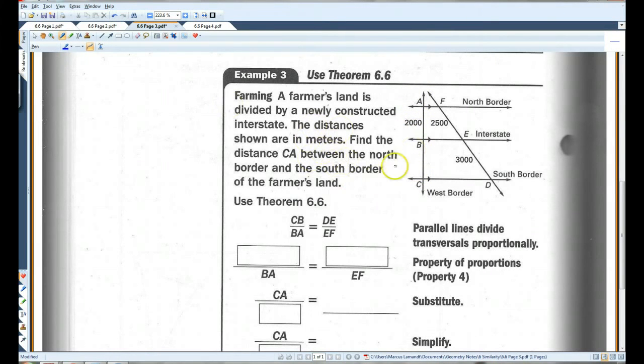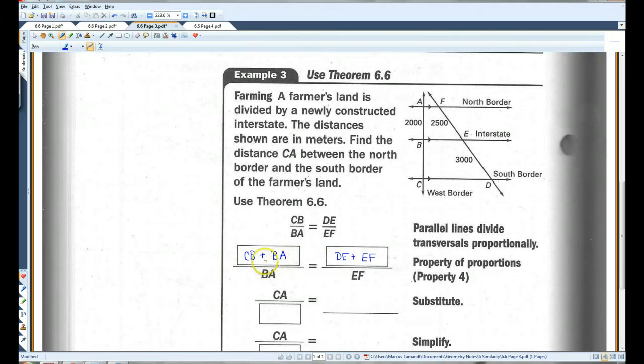Now we know CB over BA has to equal DE over EF. CB, we don't know. Actually, they want us to use property 4, which I guess can work. Property 4 of proportions, if you guys remember, is when you add these two together on top. So CB plus BA, and this would be DE plus EF. Okay, these are equivalent.